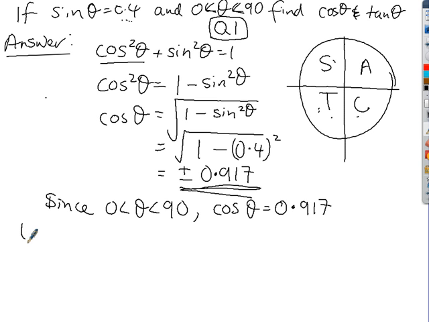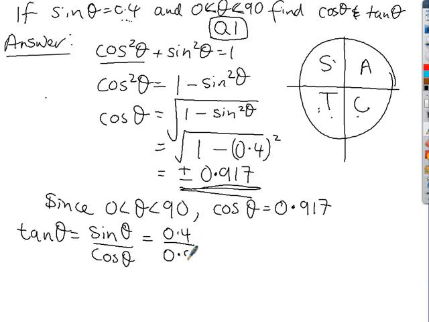What about tan? If I want to find tan of theta, I can use the other identity that we just talked about, which was that tan theta is equal to sine theta over cos theta. So I know sine theta, that was given to me as 0.4 at the beginning of the question, and I've just worked out cos theta, which is 0.917.